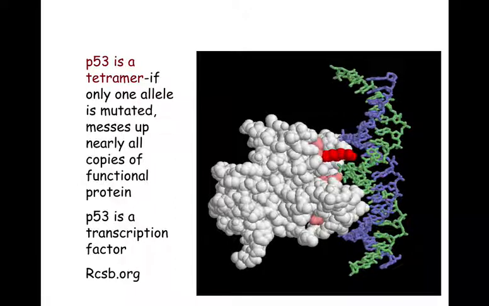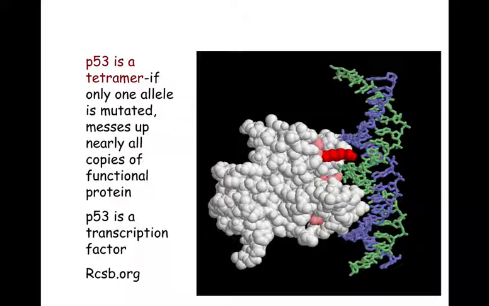More about p53. So p53 is this transcription factor. It's going to bind to DNA. Here's DNA right here. Here's p53 binding to the groove in DNA. It is a tetramer. There are 4 subunits to p53. If you have multiple alleles for p53 and only one gets mutated, that one mutated allele is still making a p53 monomer.